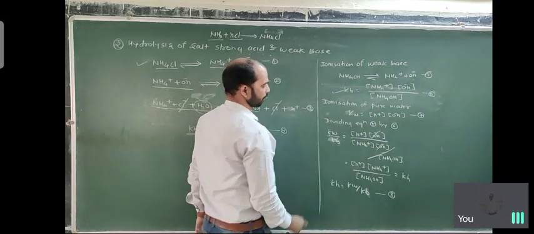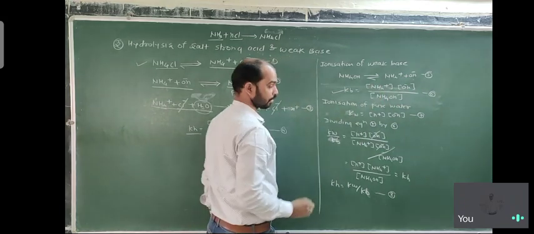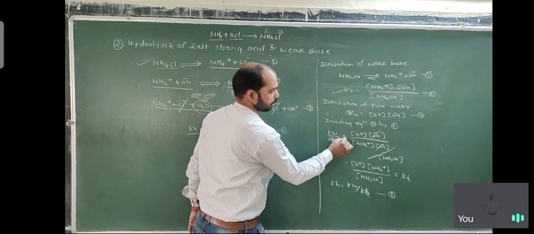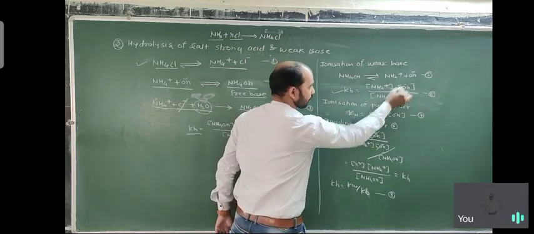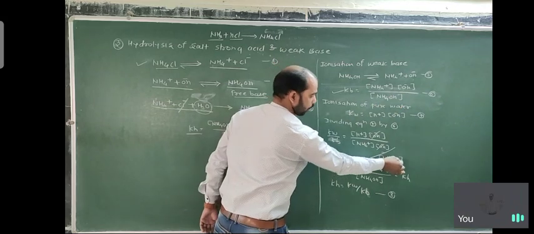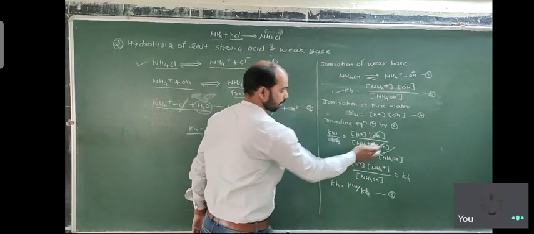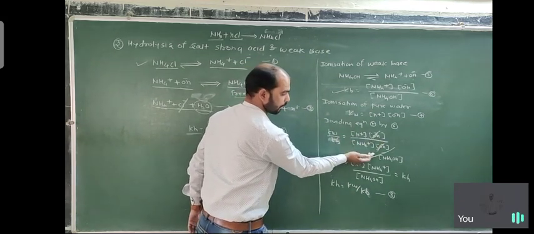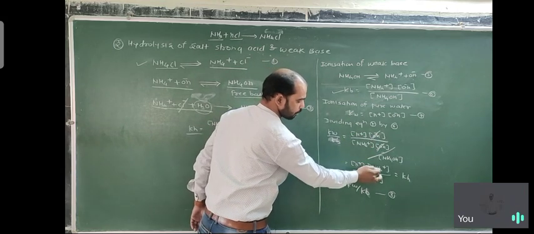So when we divide equation number 7 by equation number 6, we get Kw upon Kb is equal to H plus into OH minus upon NH4 plus into OH minus upon NH4OH. These OH minus are common terms, so we cancel them. What remains in the numerator is NH4OH and H plus, and in the denominator NH4 plus.